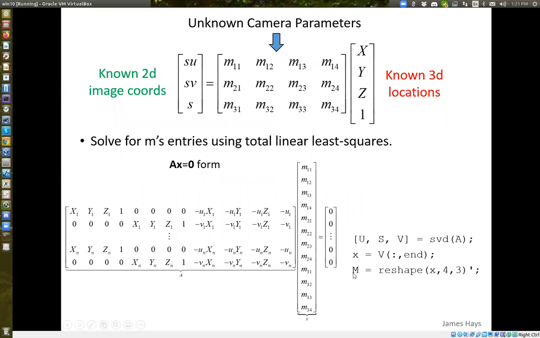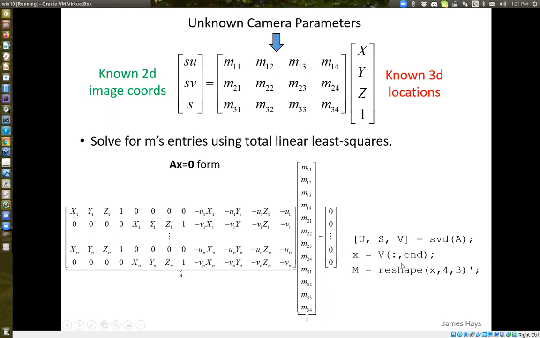This is just simple code in MATLAB. After doing singular value decomposition, we pull out the V here and take the singular vector of the minimum singular value.